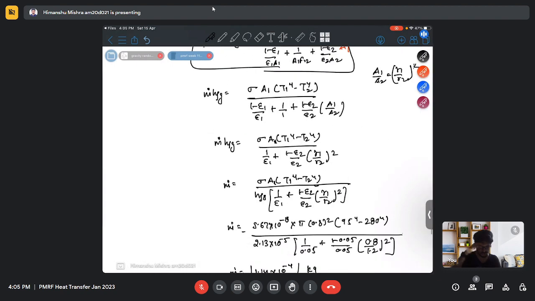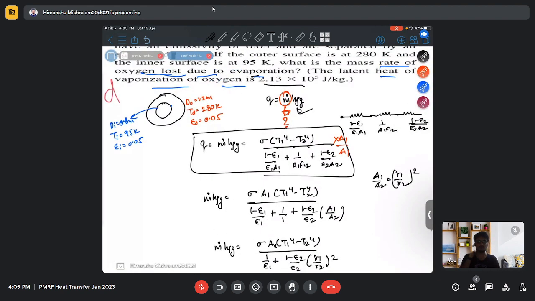So in this question we have given two parallel spherical surfaces, and it is said that there will be an evaporation and we need to find the mass rate of the evaporation. So the source of energy is the radiation heat transfer. There will be a radiation heat transfer due to which one surface will heat up, and there will be an evaporation heat transfer also. So it will be my output heat transfer. So from energy balance I can just write my radiation heat transfer equal to the evaporation heat transfer.